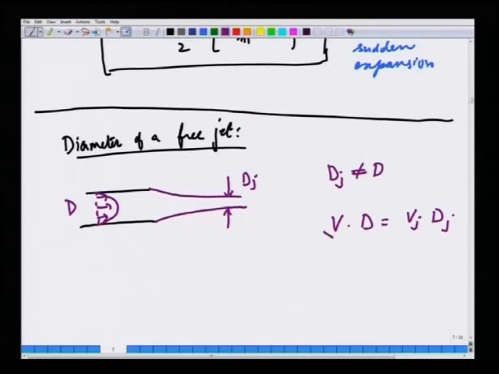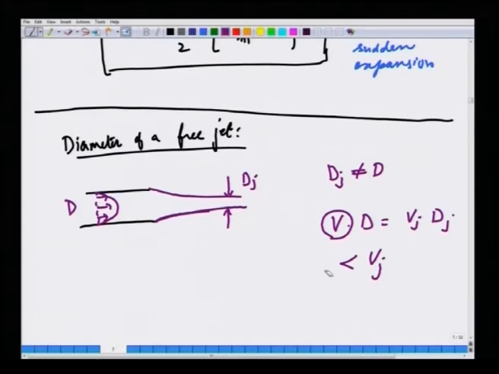Since the fluid will accelerate, that is V will be less than V jet, because there is no resisting force here. The fluid will somewhat accelerate here.